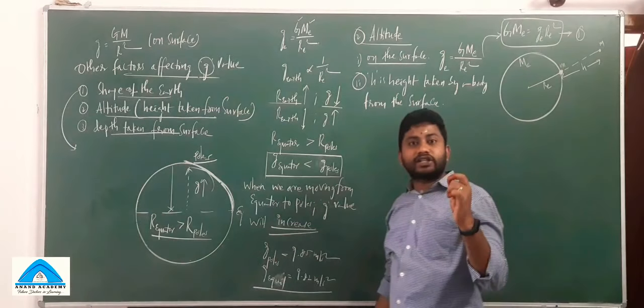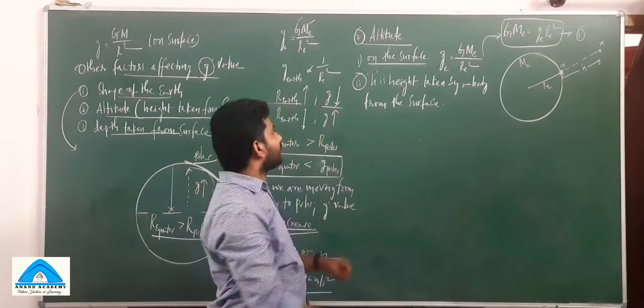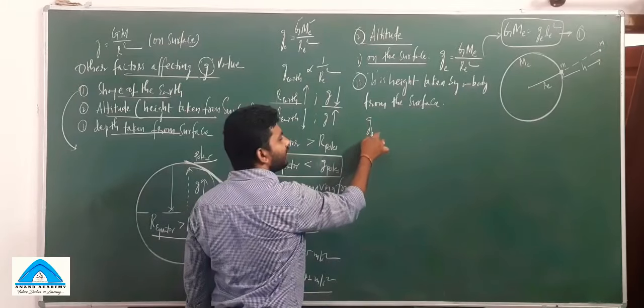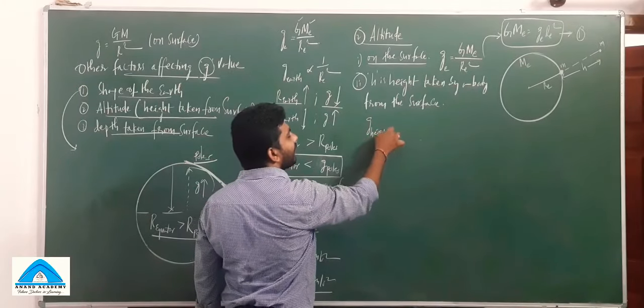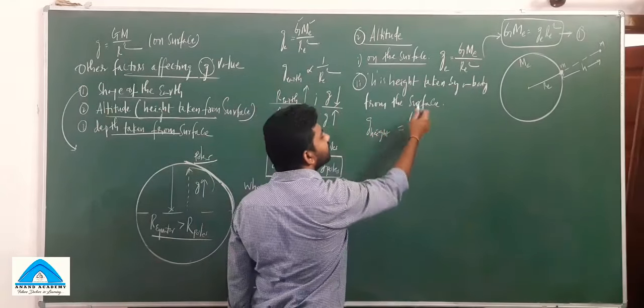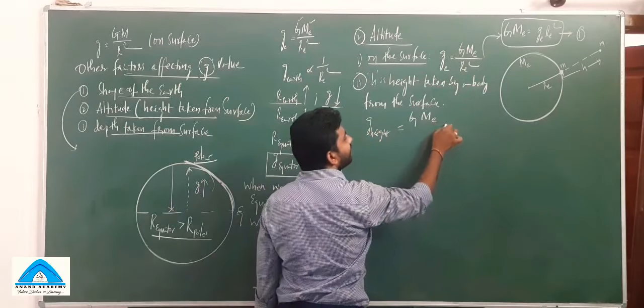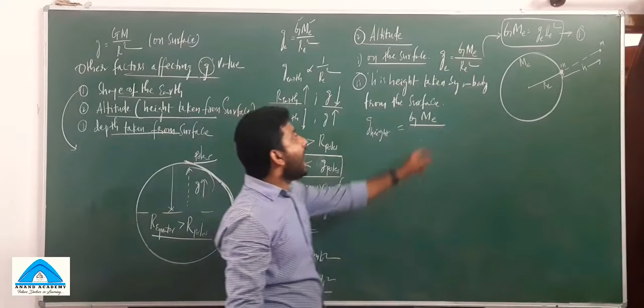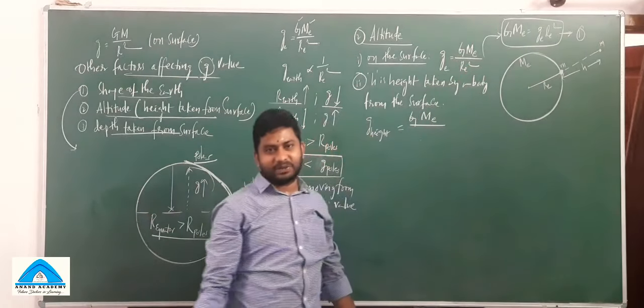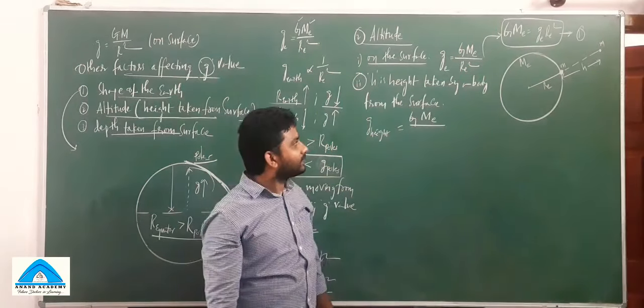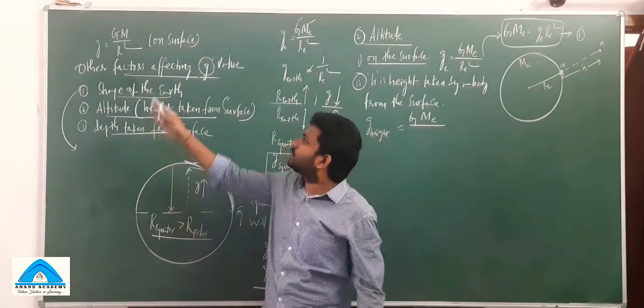Now, acceleration due to gravity at that particular height is equal to capital G into, so mass of the earth, the planet, is not changing, divided by R E square. This is an important point. Because our basic formula is this one.